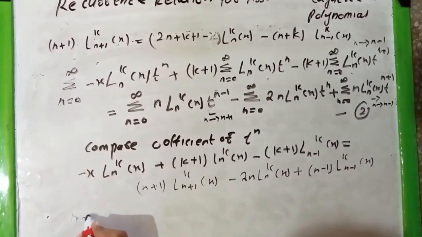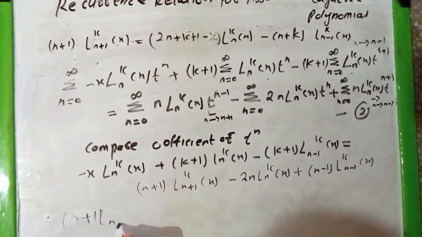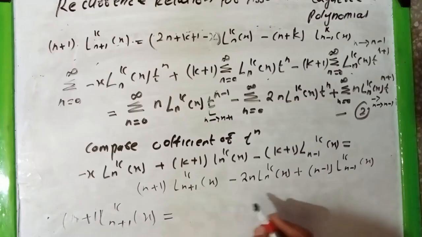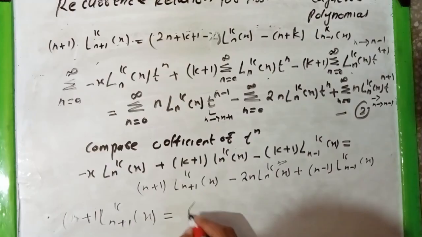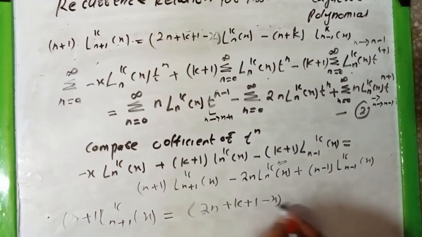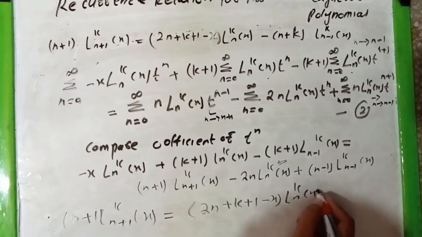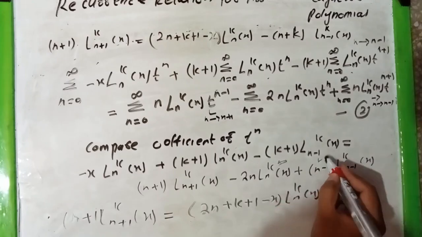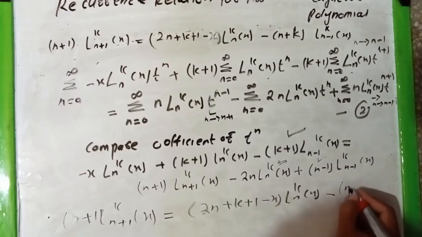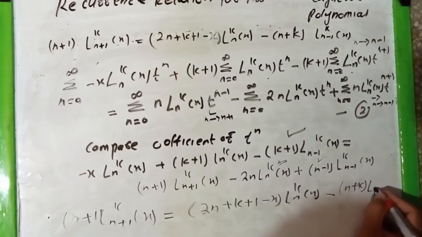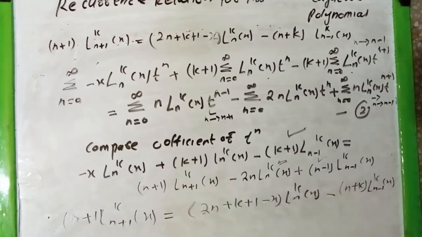So n plus 1 L_{n+1}^k of x is equal to this term and this term combined, which is 2n plus k plus 1 minus x L_n^k of x, minus this term and this term combined, which is n plus k L_{n-1}^k of x. Hence proved.